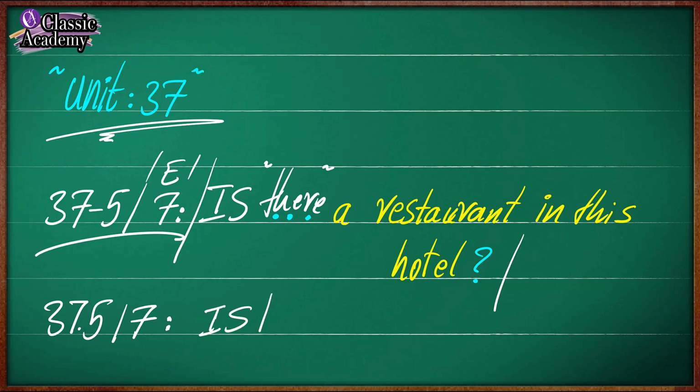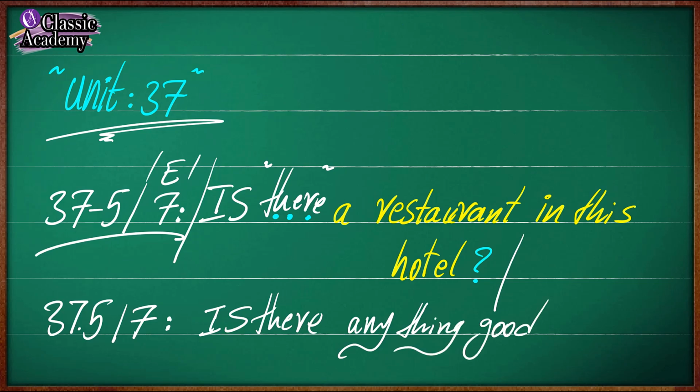Is there, again? Yeah, look at it here. Is there anything good on TV? Look at it. This is very interesting. Be careful about the preposition for TV. We usually have "on." Good on TV. We see TV most of the time in capital letters. So try to apply it.